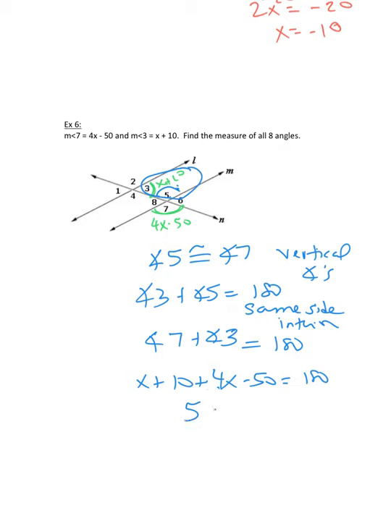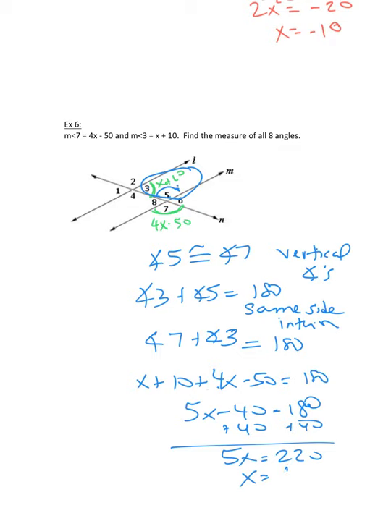And then you solve that. So combine like terms, I have 5x minus 40 equals 180. Add 40 to both sides. I have 5x equals 220. X equals 45. Okay, and then you can plug that back in and find the other angles.